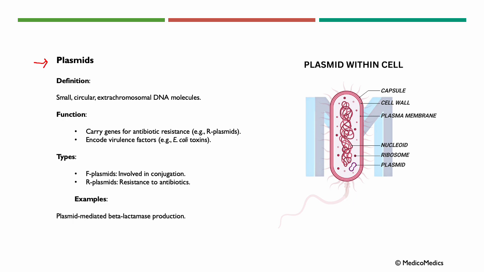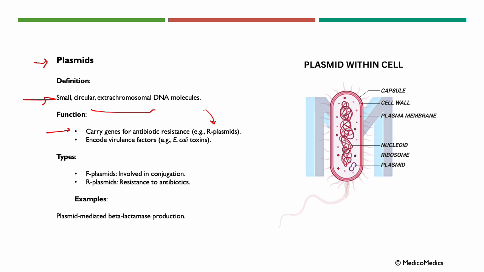Now, what are plasmids? These are small, circular, extrachromosomal DNA molecules, and these exist independently of the bacterial chromosome. And these plasmids often carry genes that provide bacteria with selective advantage, including antibiotic resistance.